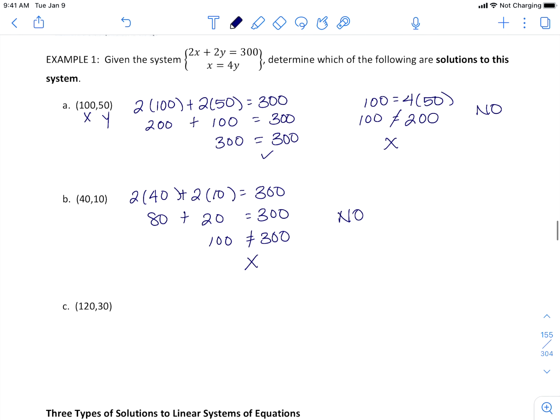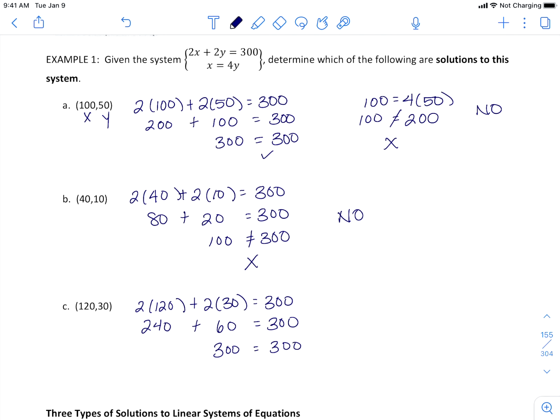All right, let's try our last one. This time my x is 120, my y is 30, so I have 2 times 120 plus 2 times 30 equals 300. That's 240 plus 60 equals 300. And 240 plus 60 is 300.